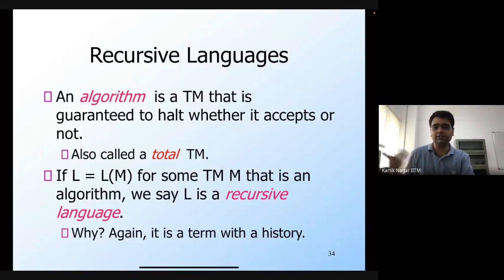So if it does not halt, you're not really sure when to stop the computation of the Turing machine, because it's possible that it may actually accept and halt after some number of steps. But you're not really sure when to stop. So that's why, from a practical point of view, recursive languages are more important. Okay. So are there any questions regarding this difference between recursive and recursively enumerable languages?